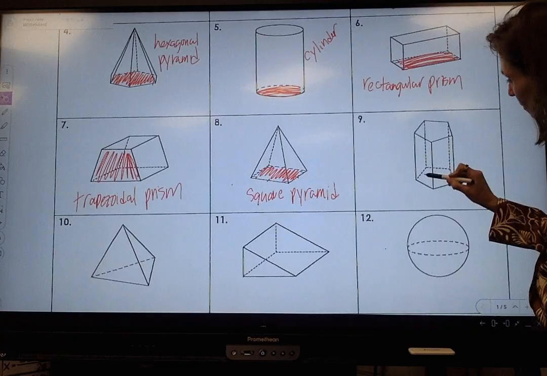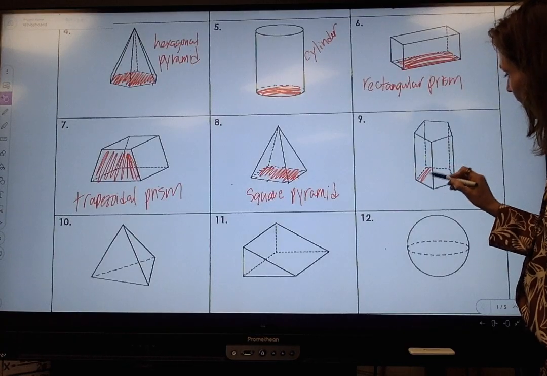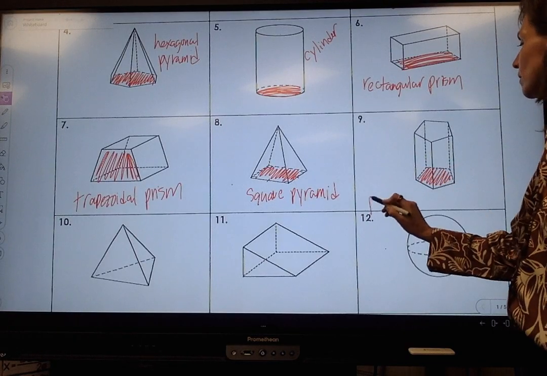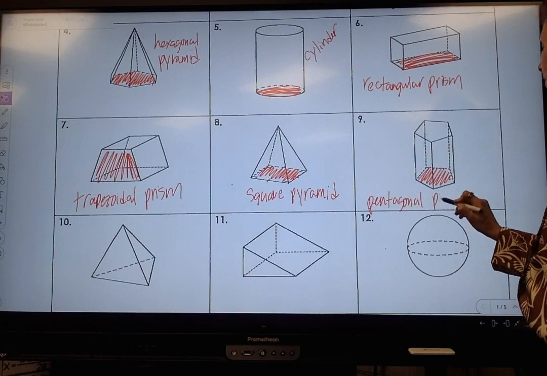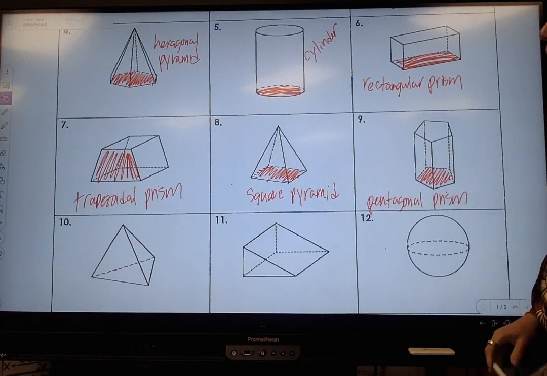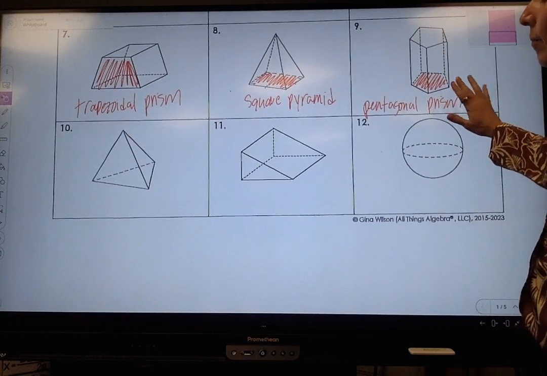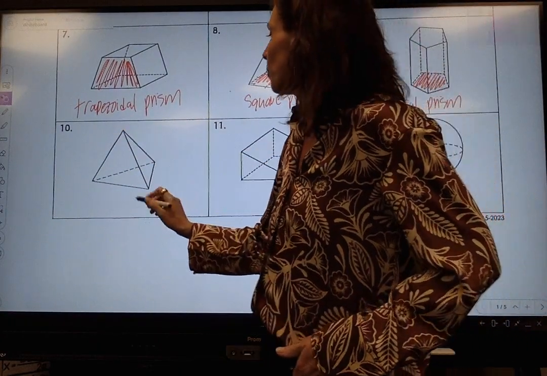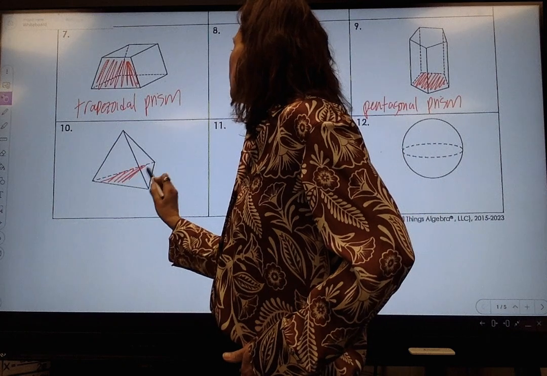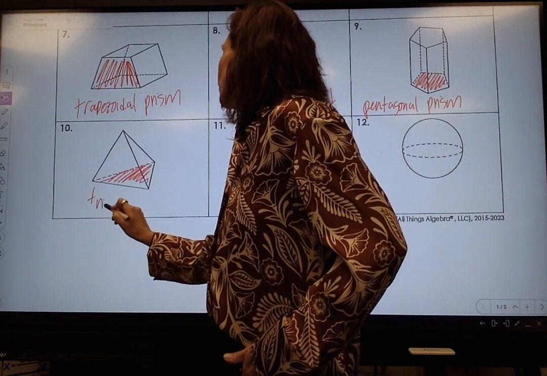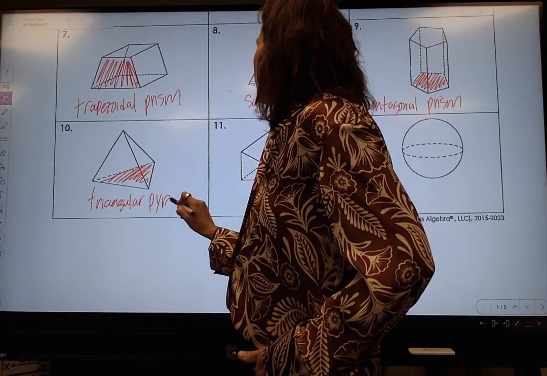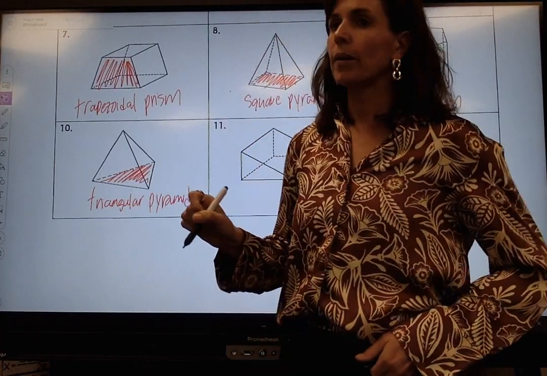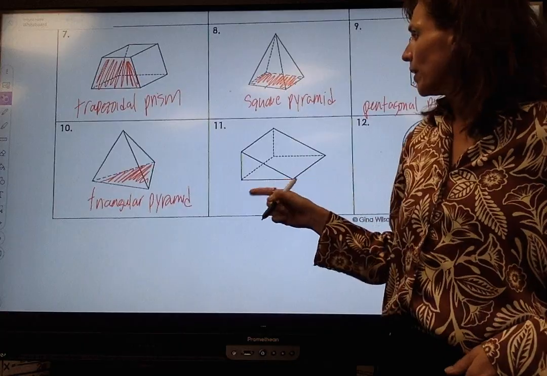Number 9, my base is 5-sided, so this is a pentagonal prism. Okay. Look at number 10. Comes together at a point, and the base is a triangle. So this is a triangular pyramid. All right, look at number 11.